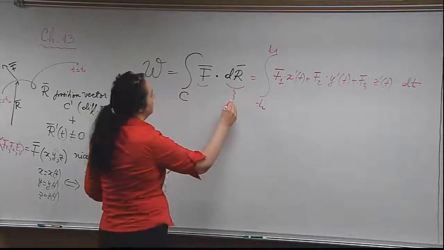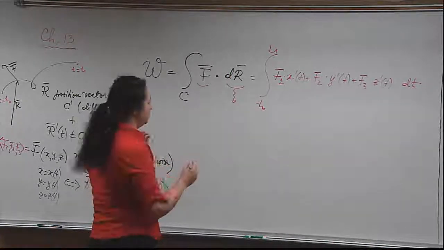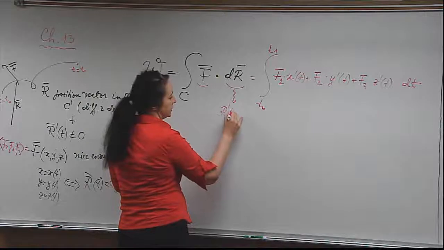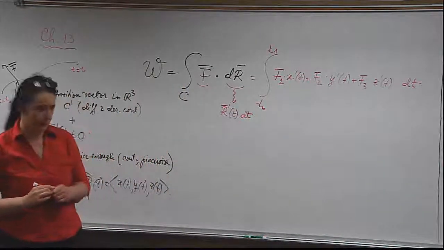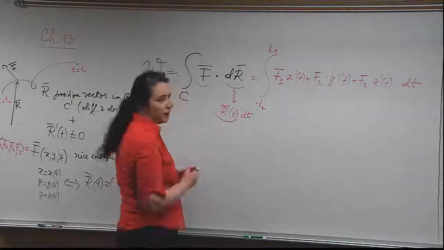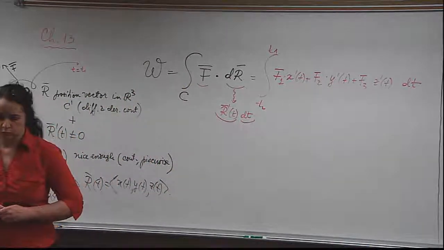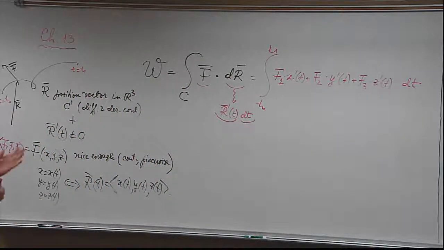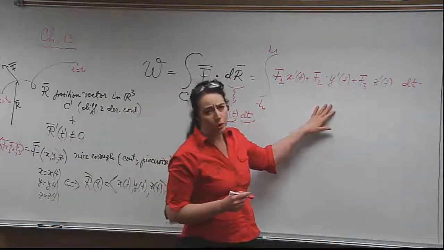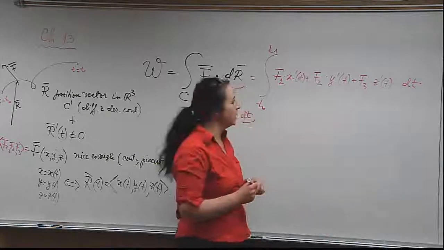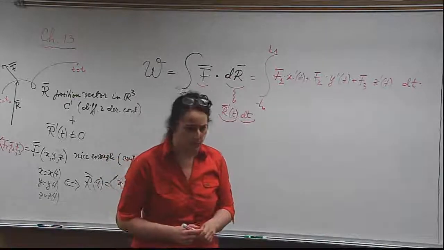So keep in mind that Mr. dr is your friend, and he was defined as the velocity vector r prime, a vector in R3, multiplied by the infinitesimal element dt. So we reduced this Calc 3 notion, path integral, to a Calc 1 notion, which was a simple integral from t0 to t1, and we've done a lot of applications.